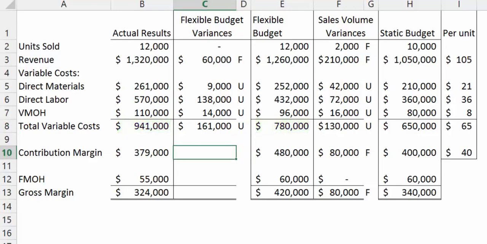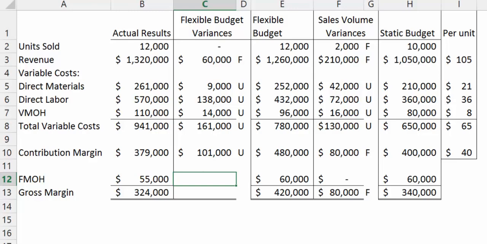The contribution margin variance for the flex budget, again, I can take the difference between the flex budget and the actual results, or I could take my favorable $60,000 revenue less my unfavorable $161,000 of total variable cost flex budget variance. Either one gives me $101,000 unfavorable.